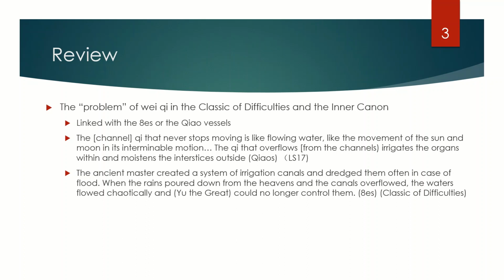And in this particular passage, the Yellow Emperor is asking how this qi gets into and out of the channels. It's exactly the kind of question that the Inner Canon authors were grappling with at the time of writing.